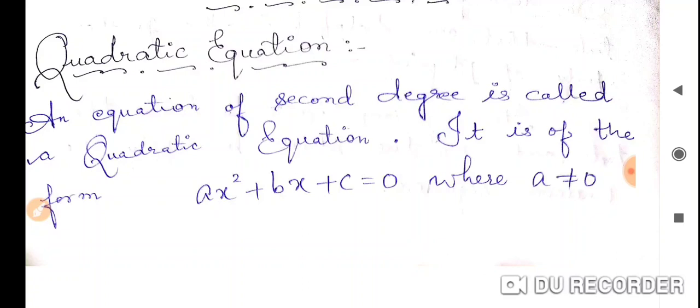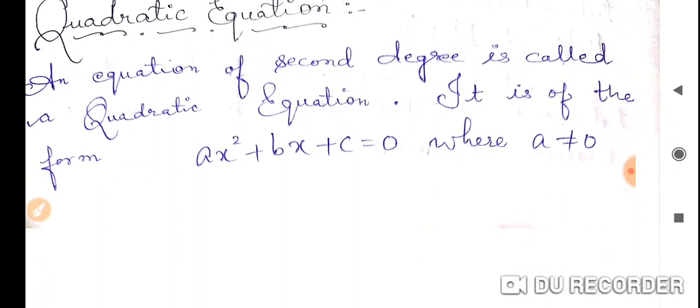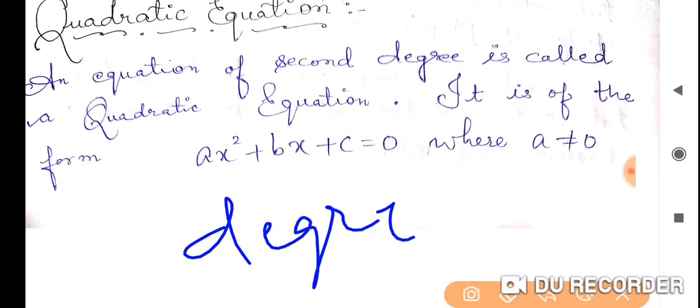An equation of second degree is called a quadratic equation. The maximum power of the variable x is known as the degree of the equation. Hence, its degree is 2, because the maximum power of x is 2.